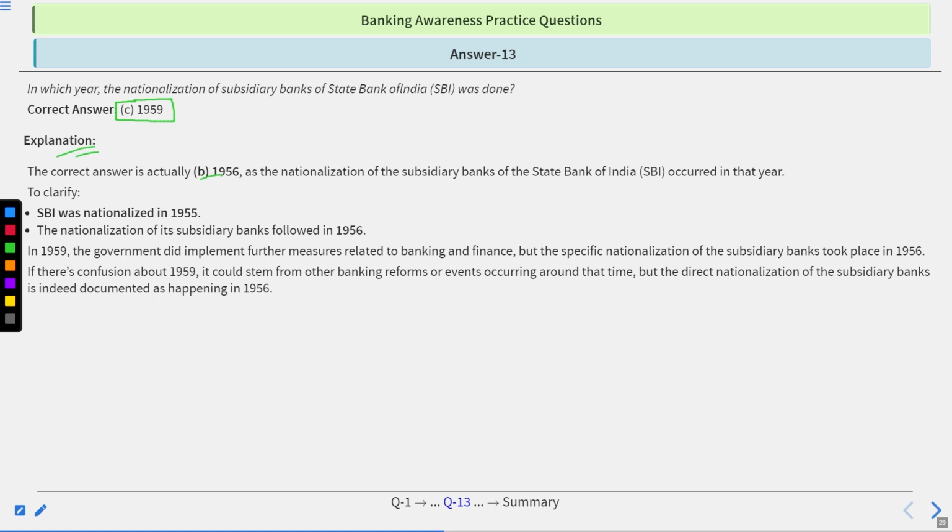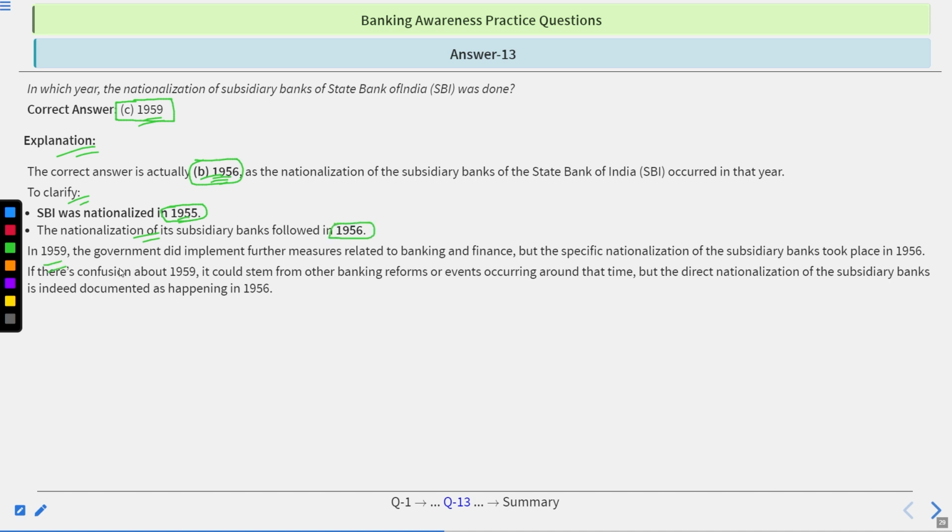Explanation. As the nationalization of subsidiary banks of the State Bank of India occurred in that year, so 1986 is the actually current answer, but 1959 also. So to clarify this, we could go by the explanation further. The SBI got nationalized in 1985, and the nationalization of subsidiaries bank followed in 1956.